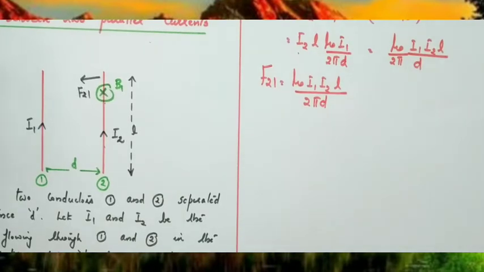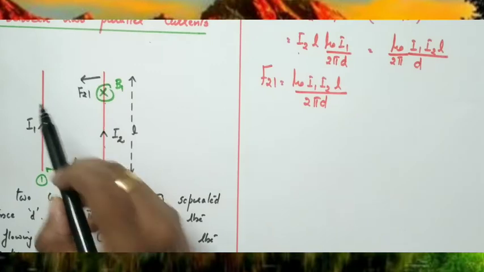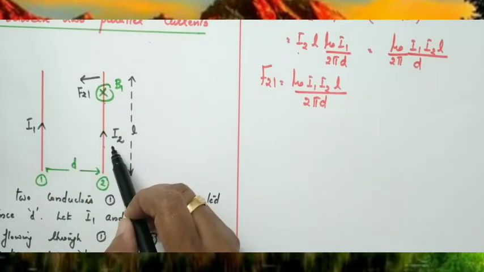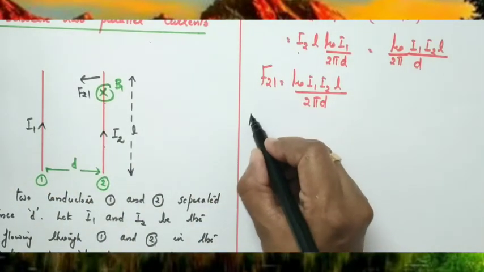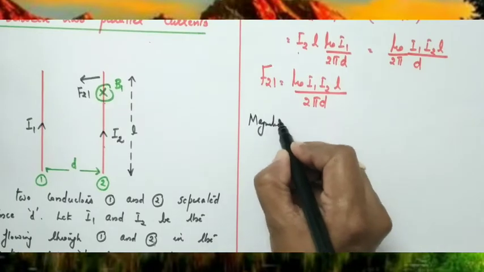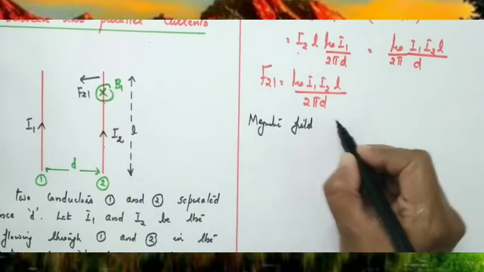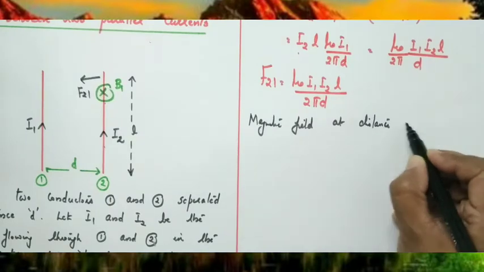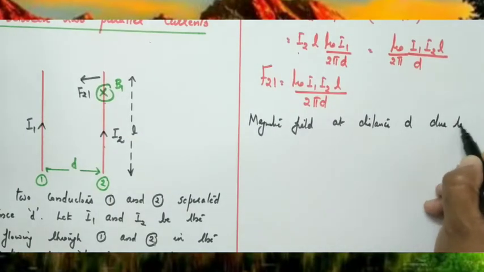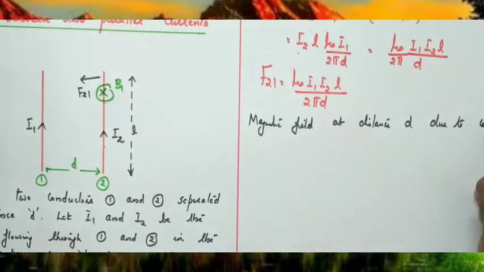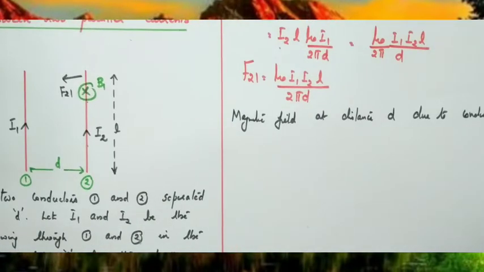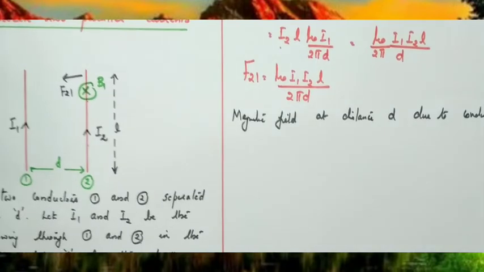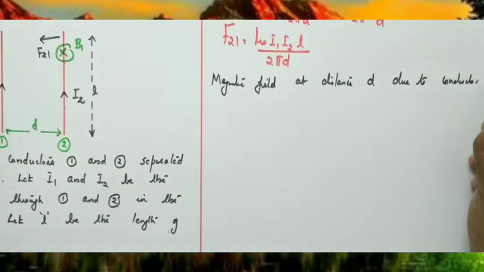Now, the magnetic field at distance D due to conductor 2.